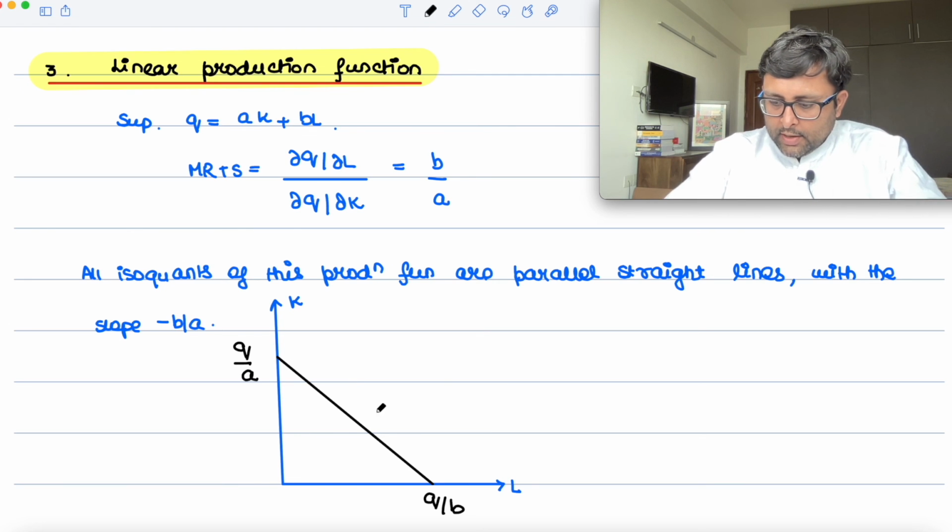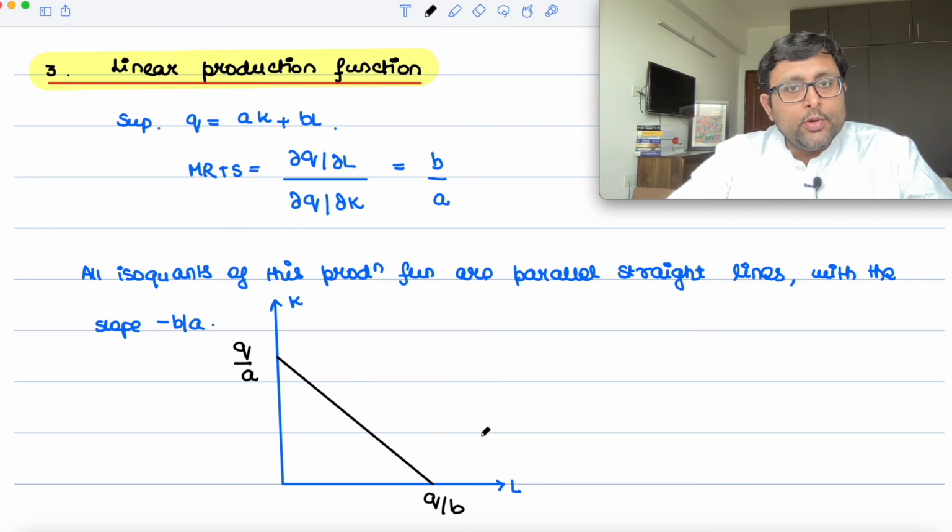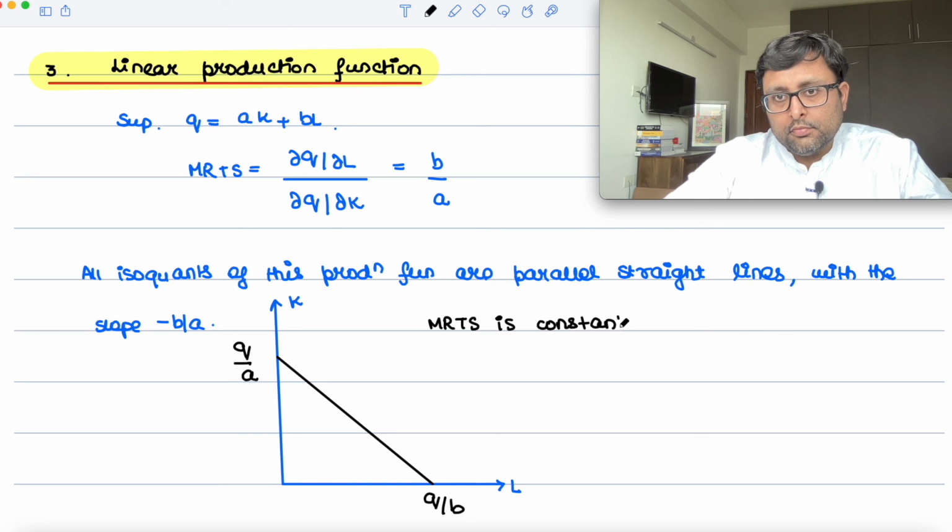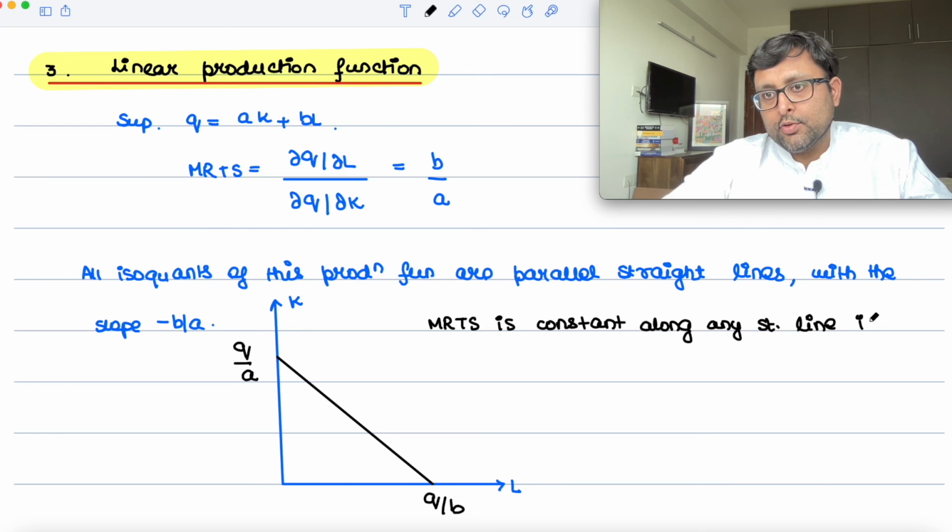Okay. So MRTS is constant along any straight line isoquant.